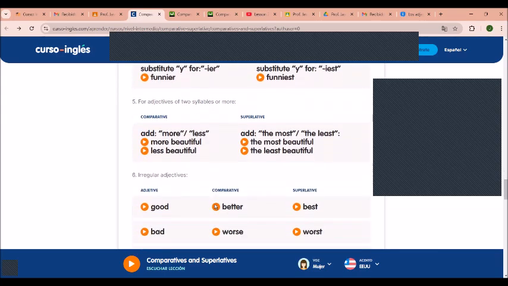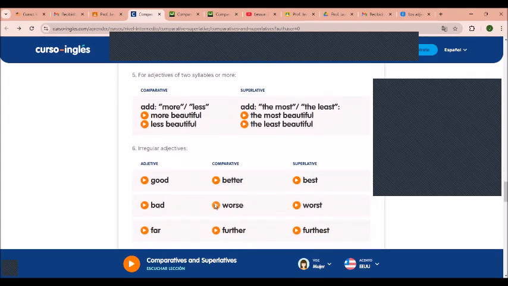Now, be very careful when your words have multiple syllables. If you have multiple syllables, you will need to use an additional word. You would go more beautiful if you're going in the superior comparison, or less beautiful if you're going in the inferior comparison, or as beautiful as if they're equal.